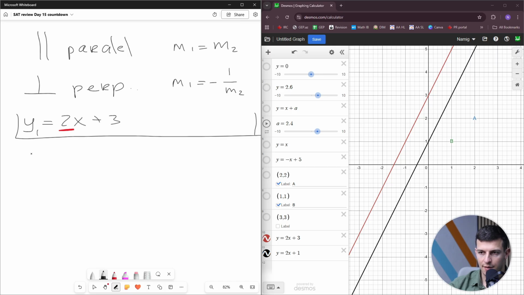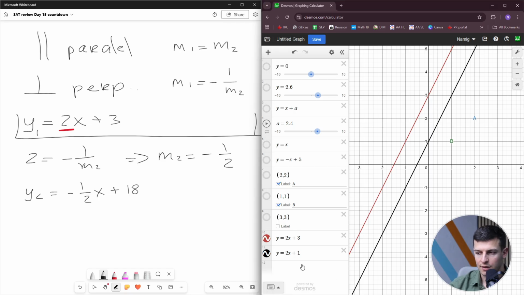I see my m1 is 2, equal to negative 1 over m2. Using my algebra magic, m2 is going to be equal to negative 1 over 2. Again, same as we did in the parallel lines, it doesn't really matter what y-intercept you have. All you have to make sure of is the coefficient of x, which is the slope. So y2 is going to be equal to negative 1 over 2 x plus whatever, 18.